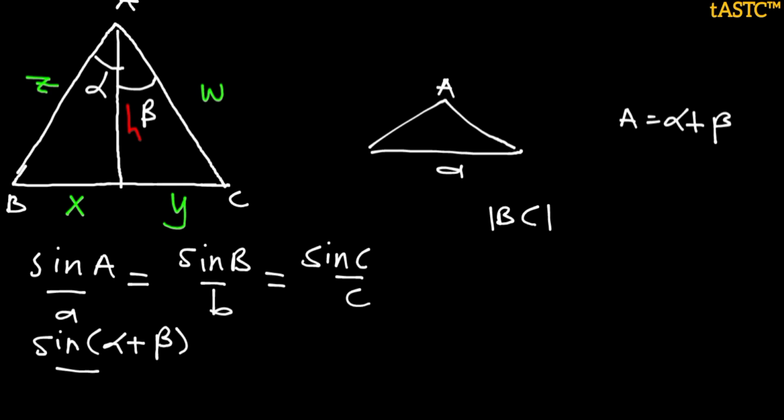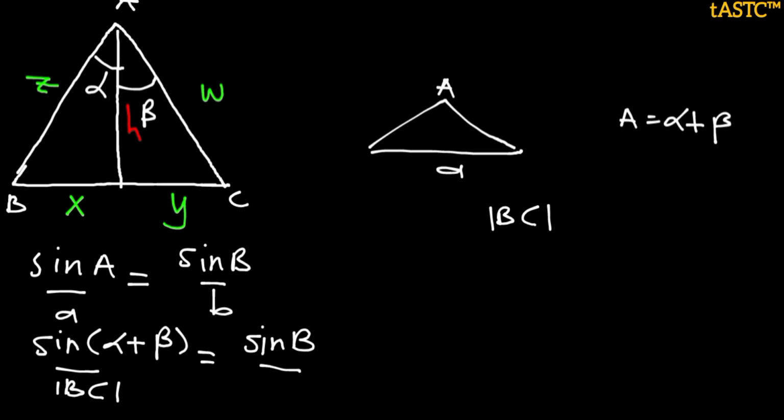So I'm just going to write it that way. That is BC. Now this obviously is equal to sine B. So I'm just going to leave out sine C divided by c in this case. I will just work with the 2 ones. So this will be sine B. Now sine B is actually the sine of this stuff, so I'm just going to leave it as sine B. This will be divided by b.